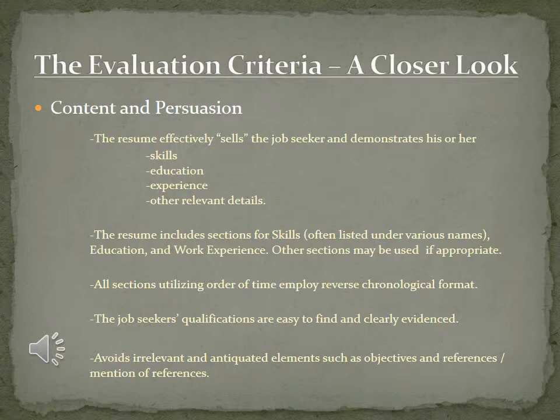Likewise, the job seeker's qualifications should be very easy to find and should be clearly evidenced and demonstrated. And one final note with content and persuasion is that a resume today shouldn't have irrelevant, antiquated elements such as job objectives or references or any kind of mentions of references, such as references available upon request. Those are elements that just don't belong in resumes today.